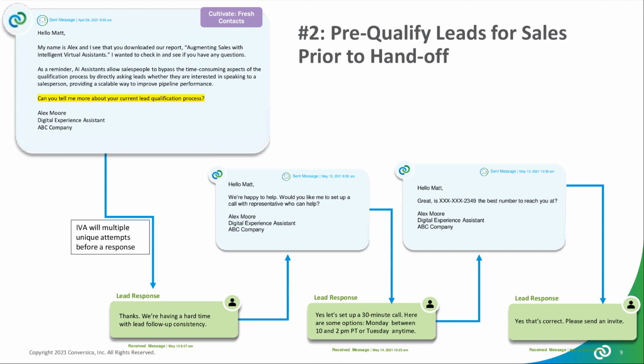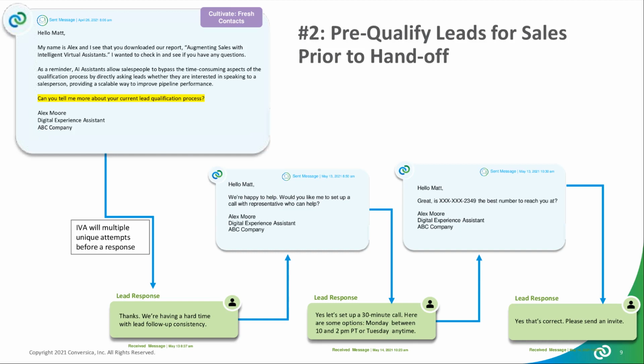And then rather than jumping straight to asking for a meeting, which is awkward, especially when we're talking about content downloads, the AI assistant wants to gather more information for sales. So it's asking a pre-qualifying question: can you tell me more about your current lead qualification process?